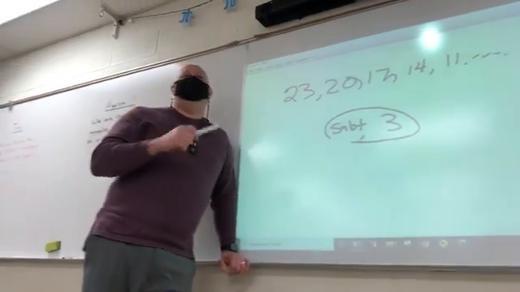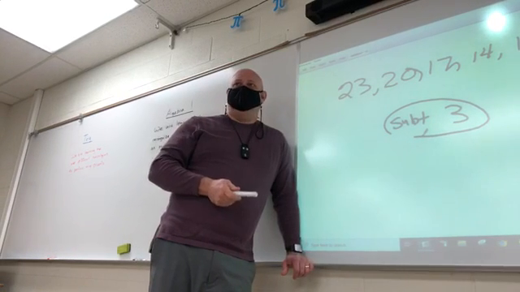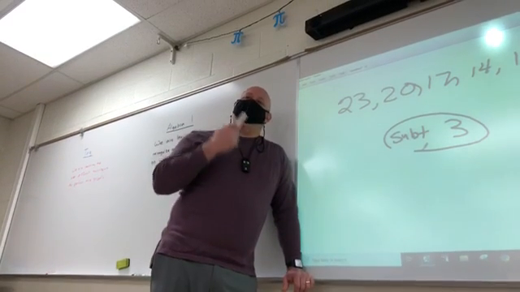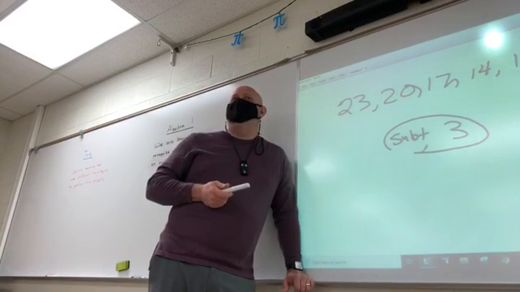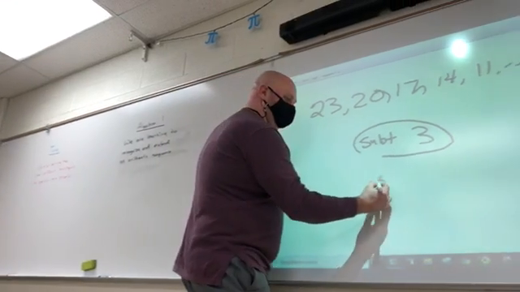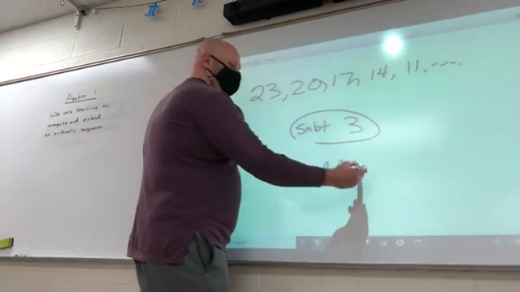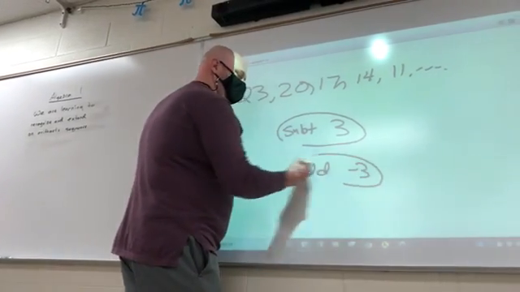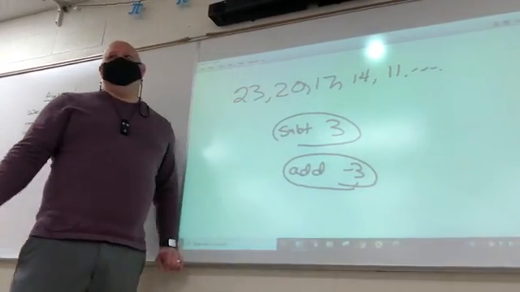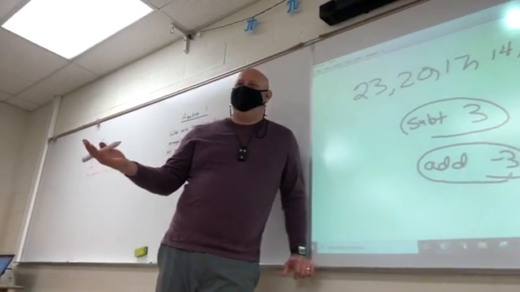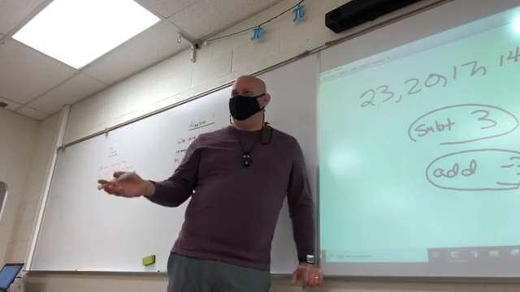I said arithmetic sequences you can only add, right? Is this an arithmetic sequence? Yes. Because what are we adding? Are you allowed to add negative numbers? Sure. Are we kind of basically subtracting?